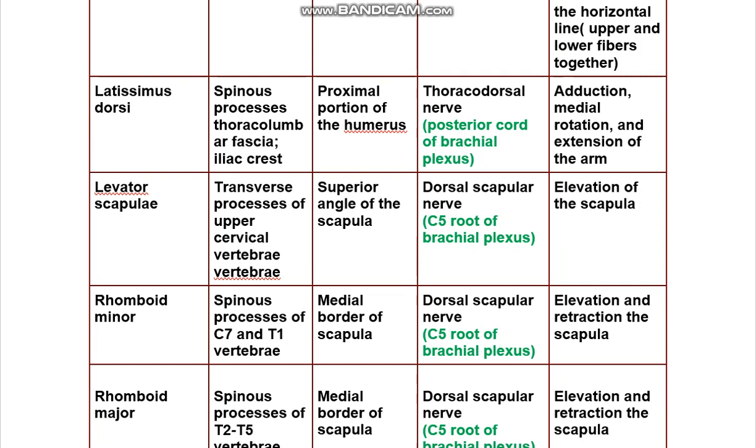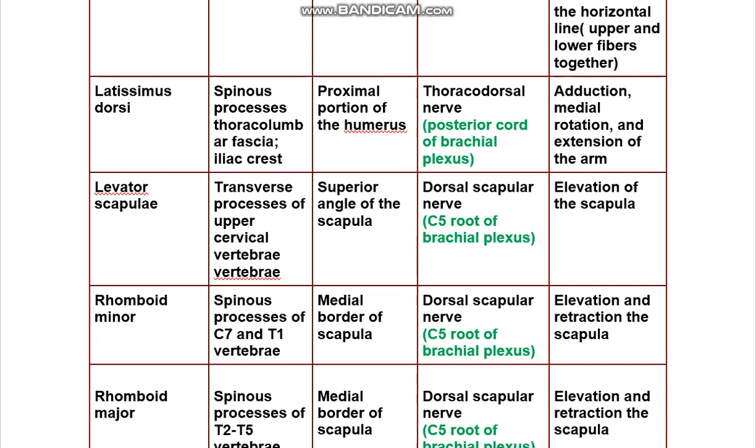The lats are going to be attached to spinous processes of the thoracolumbar fascia and the iliac crest. It's also going to be attached to the proximal part of the humerus. Now, the lats are innervated by the thoracodorsal nerve, which is from the posterior cord of the brachial plexus.